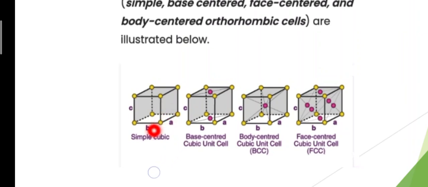Simple, base-centered, body-centered and face-centered orthorhombic unit cells.